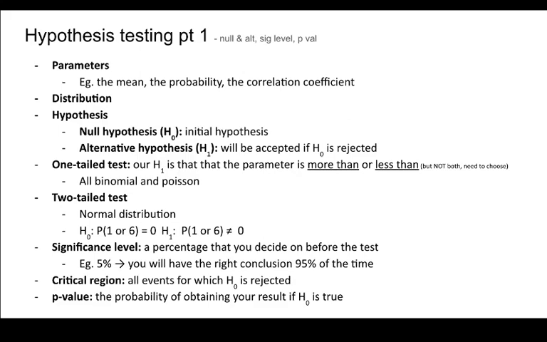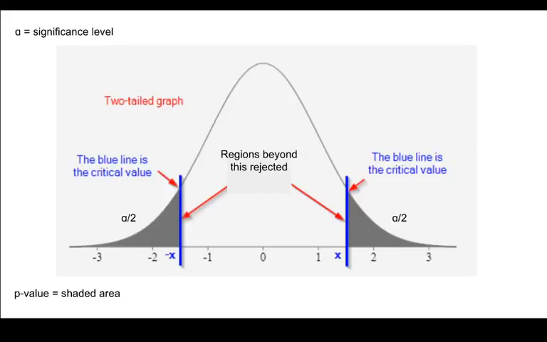We also have one-tail test and two-tail test. One-tail test is basically if you're only looking at one side of this thing that's shaded. Two-tail test is when you're looking at two sides of it.